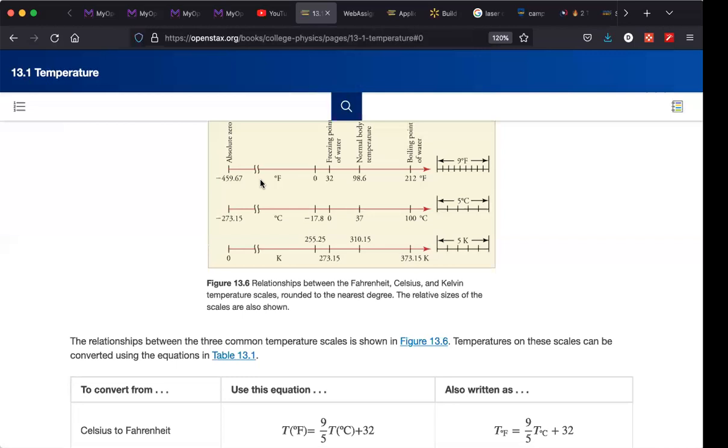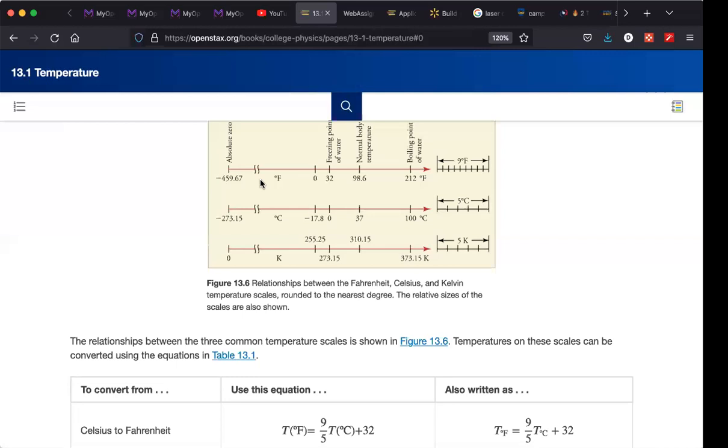But once physicists started to realize that their theory was that temperature was based on movement of particles, then they figured out that if particles stop moving, the temperature will be as low as it can be. In other words, there is a zero temperature. There's such a thing as a zero. With the Celsius and the Fahrenheit scale, the people who developed those never imagined that there is a coldest temperature that you can possibly go. They never imagined that. But physicists figured it out.